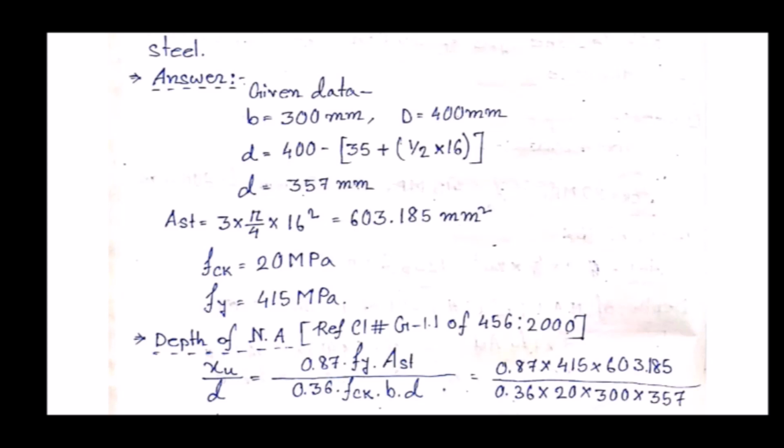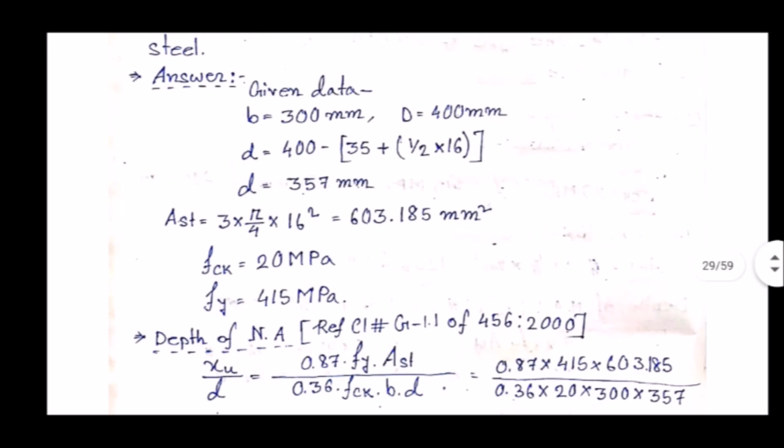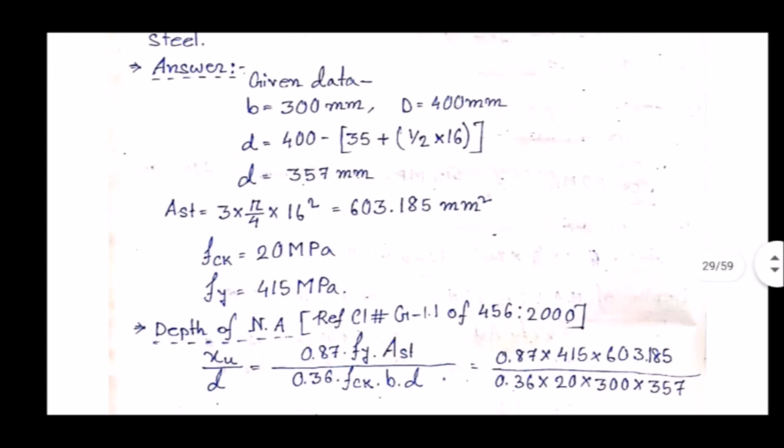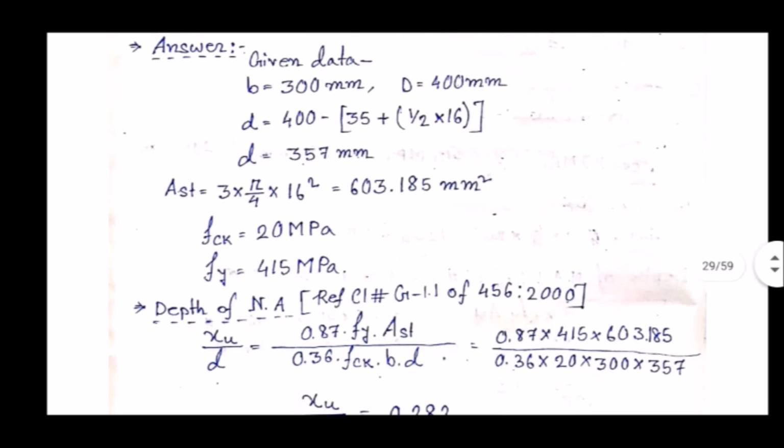So xu by d, the formula is xu by d equals 0.87 fy Ast by 0.36 fck b d, that is equal to 0.87 into fy, which is 415 for this case, and Ast we have found out, 603.185, by 0.36 into fck, which is 20 for this case, into small b, the width, which is 300 mm, into small d, the effective depth that we found out, 357 mm.